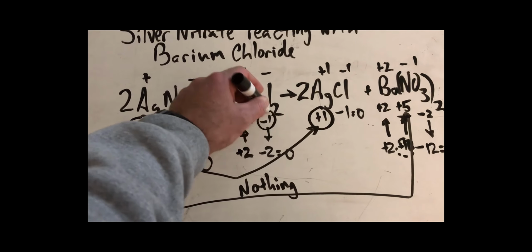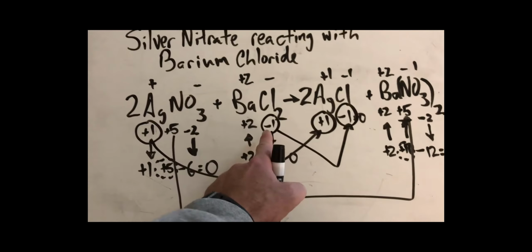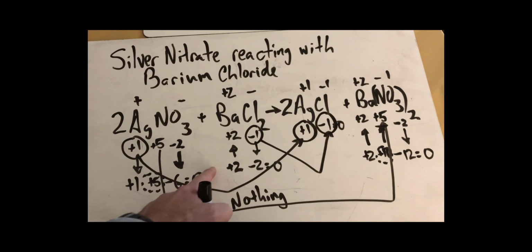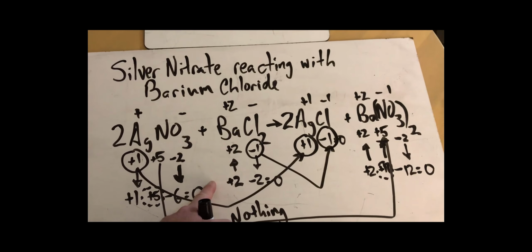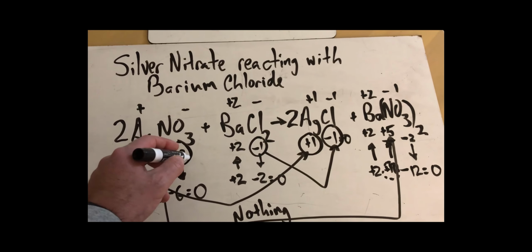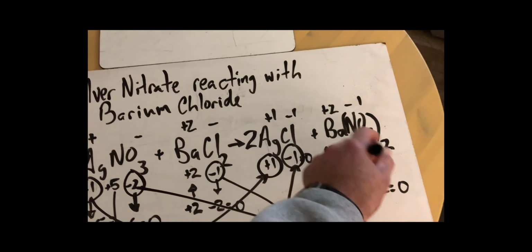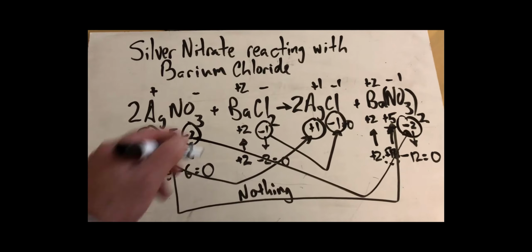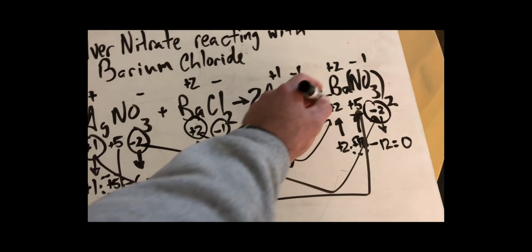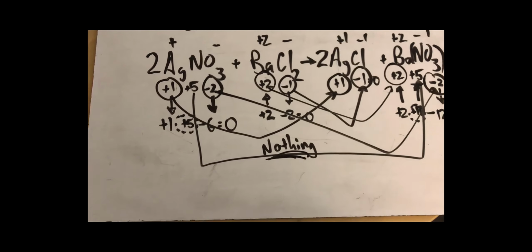Chlorines. -1, -1. This is weird. And lastly, the last one to check. No, we got to look at the oxygens. We got a couple. Oxygens are -2, and over here, -2. Huh? Bariums, +2. Bariums, +2. There's nothing happening with any of these.